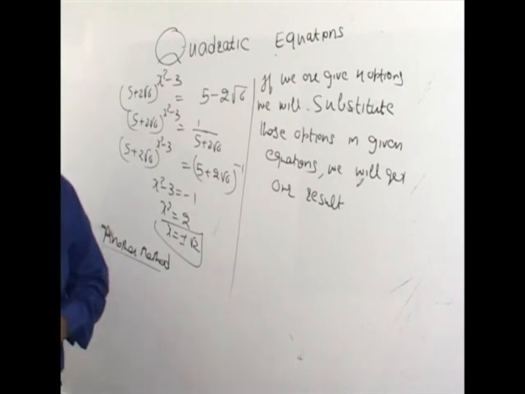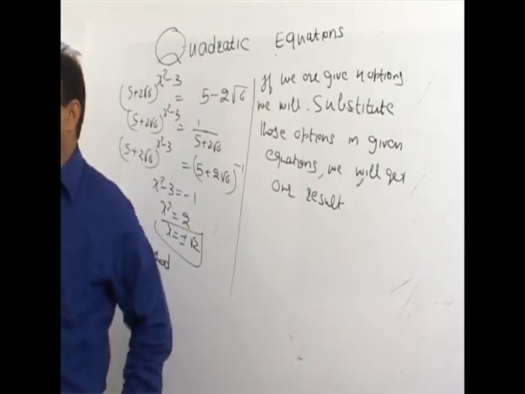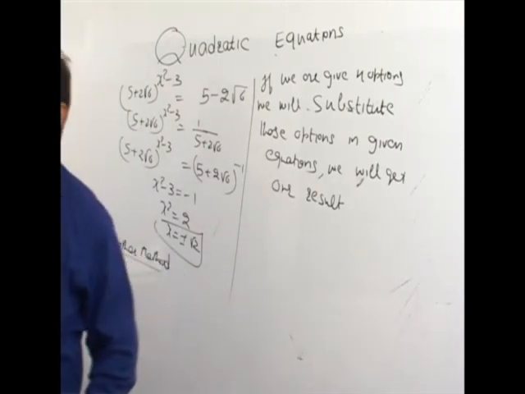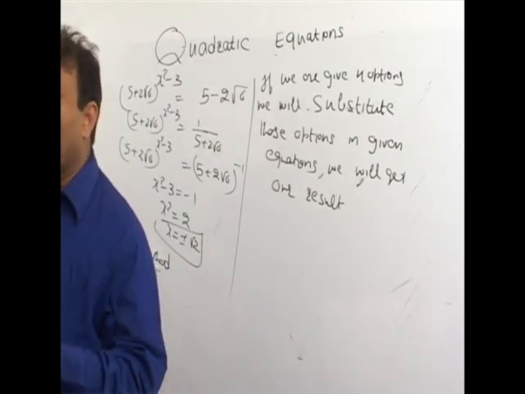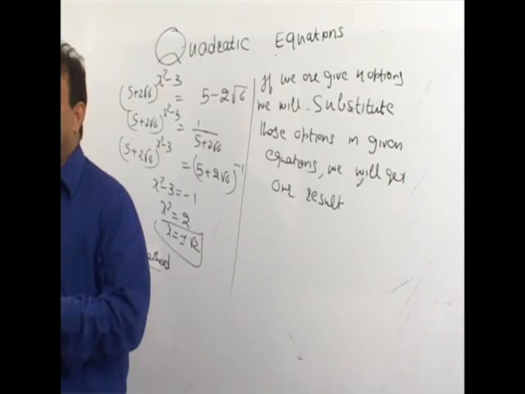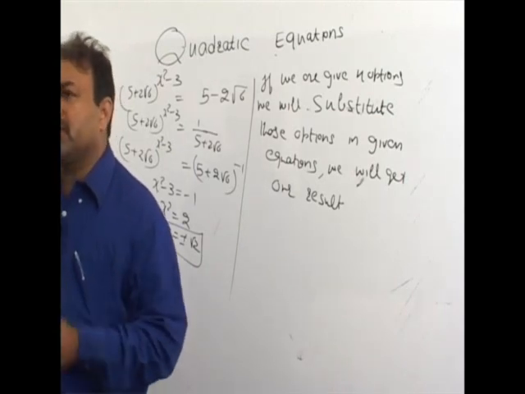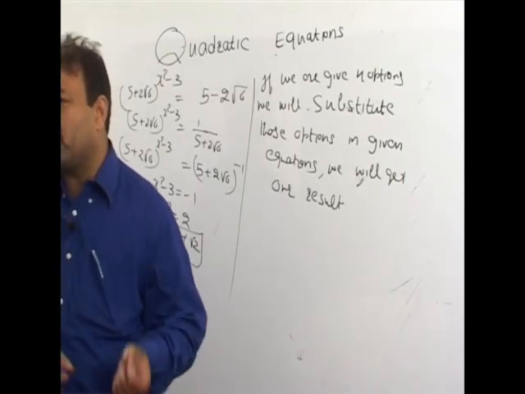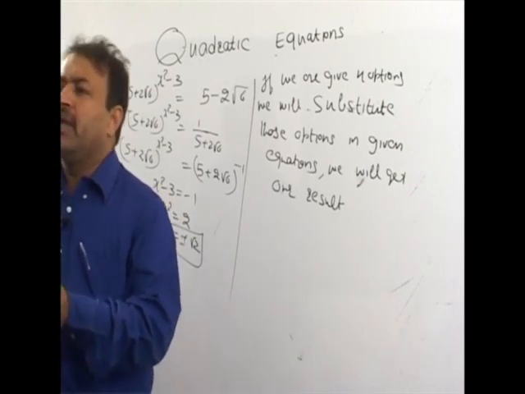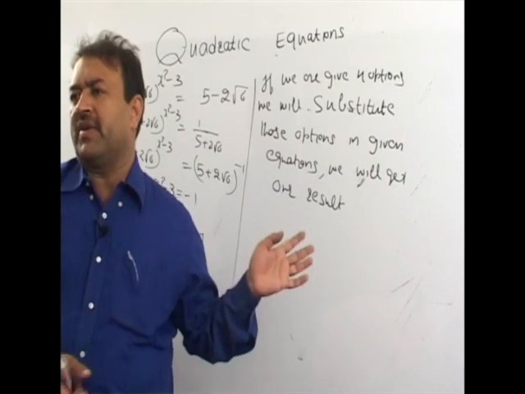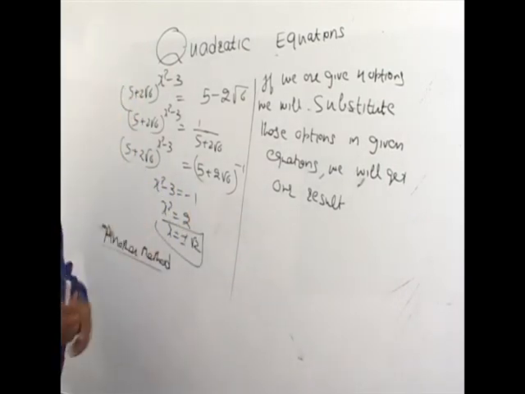So this is another shortcut, or you can say a convenient method to solve these questions. For any quadratic equation, if we have been given 4 options, we'll substitute those given options in our given equation. Whichever satisfies it, that is our answer. So we'll just take up another example.